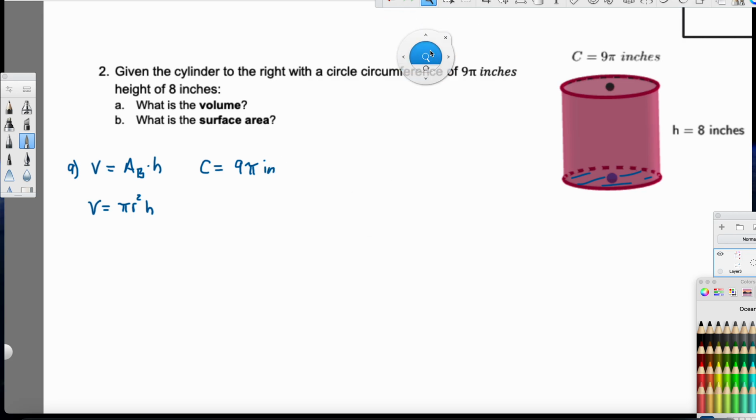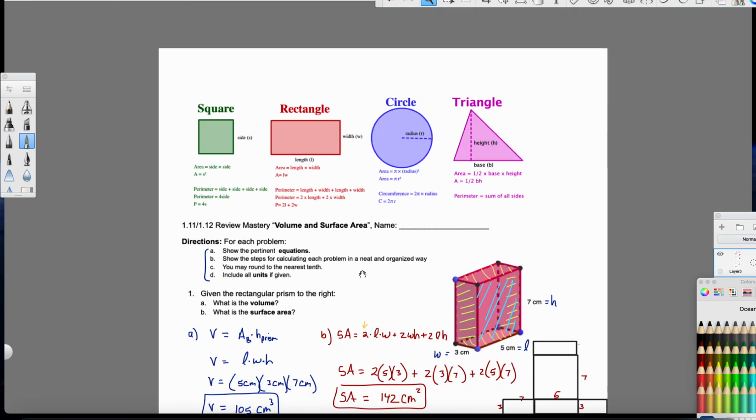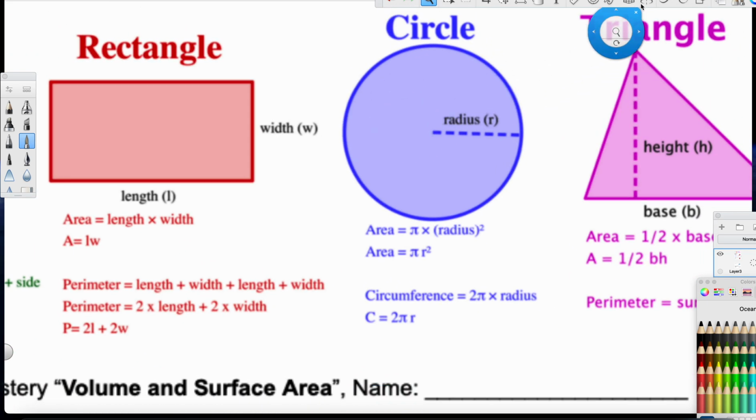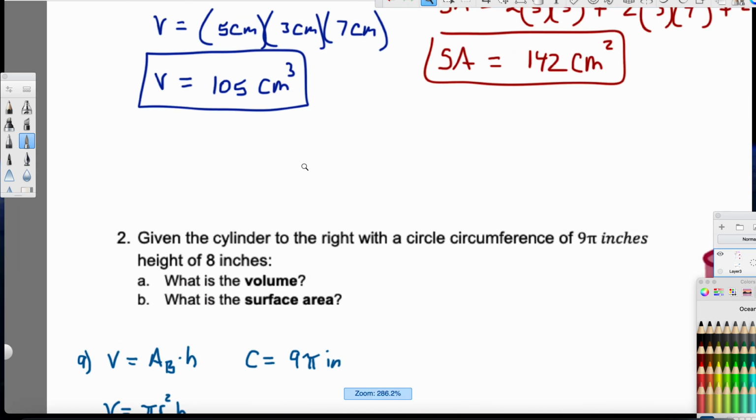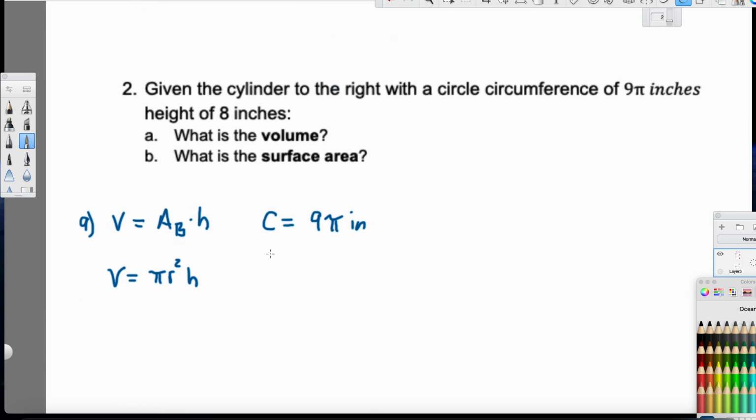And we know that the circumference of a circle is 2 pi r. So if I write that equation, C equals 2 pi r, and I know my circumference is 9 pi, I could substitute that in for C here and solve for r.